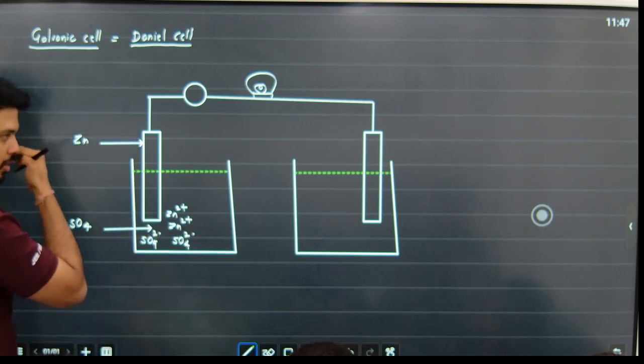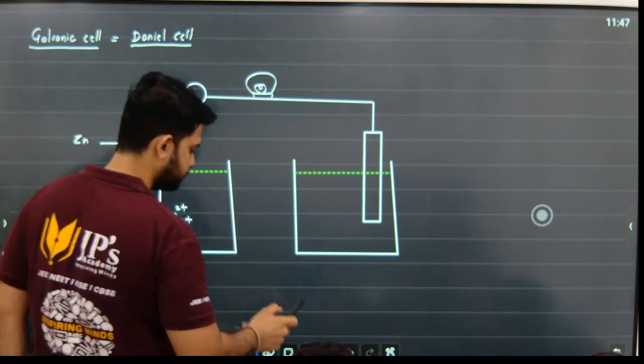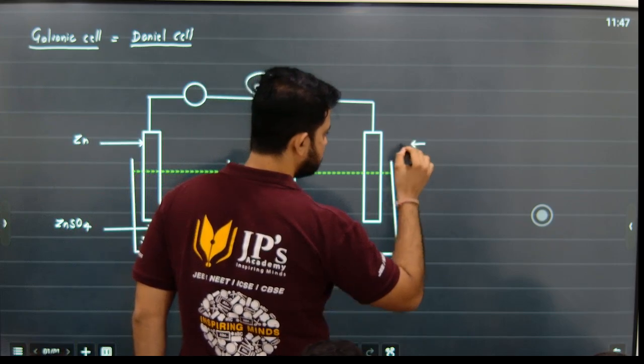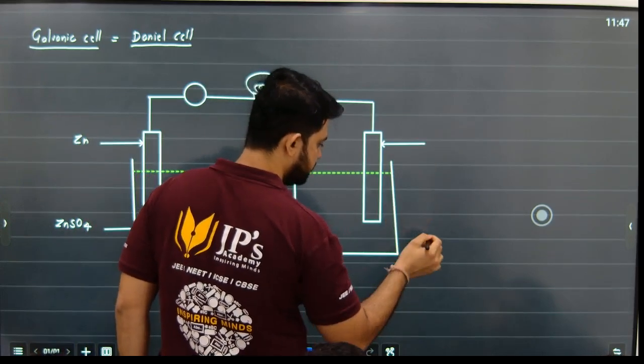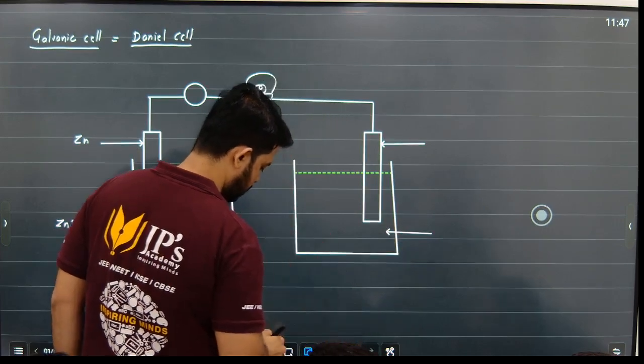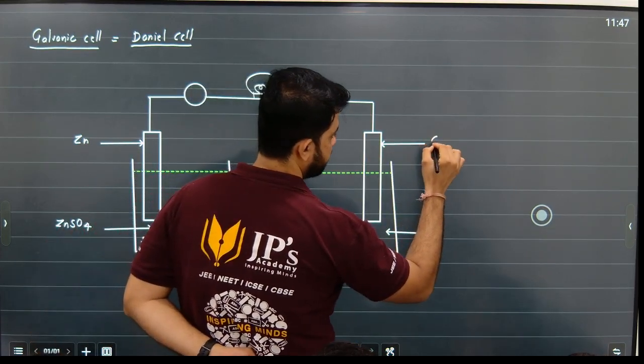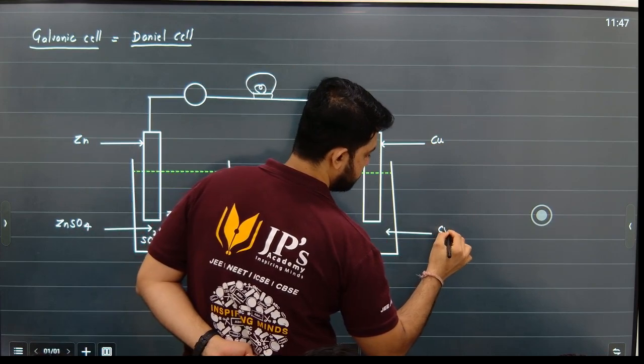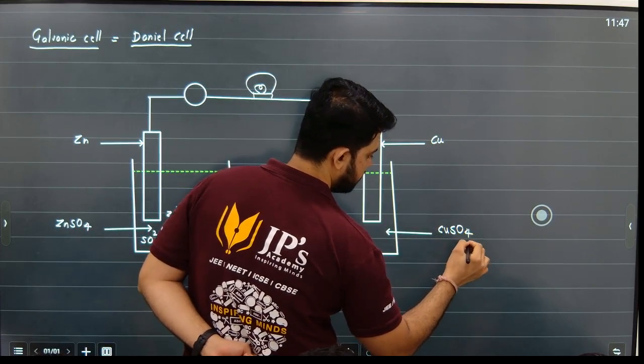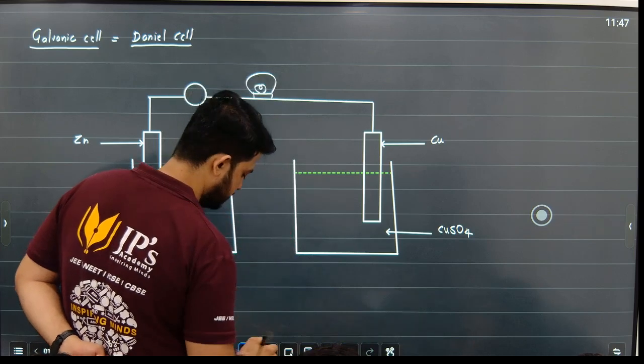Over here we have a copper rod which is dipped in copper sulfate solution. So I repeat, I have a copper rod here which is dipped in copper sulfate solution. So which ions will be present here, people?